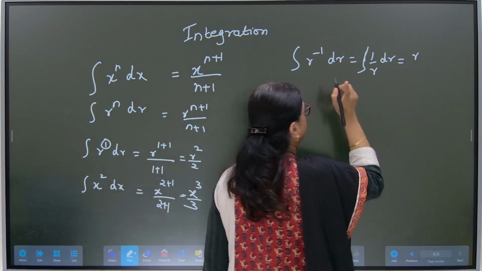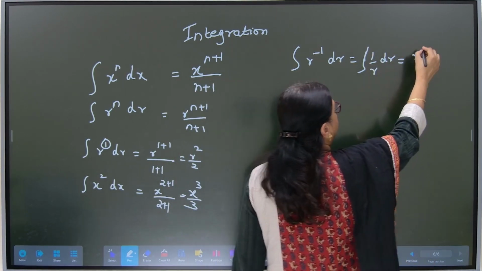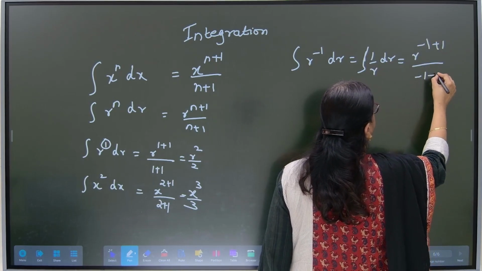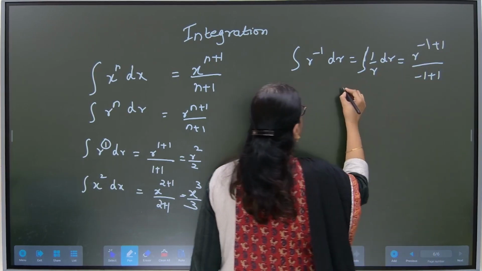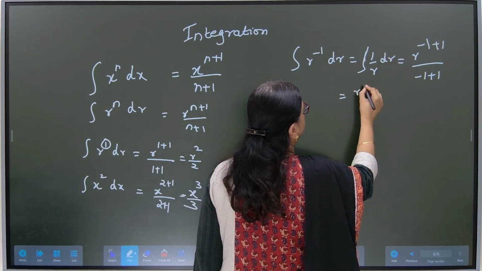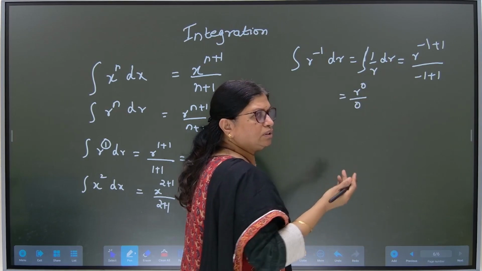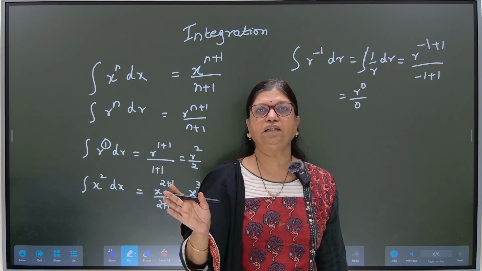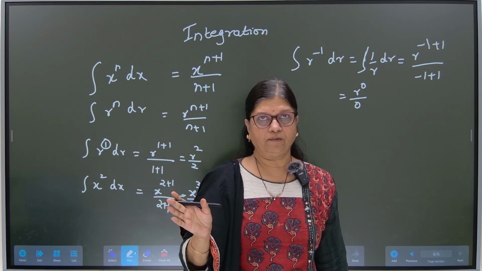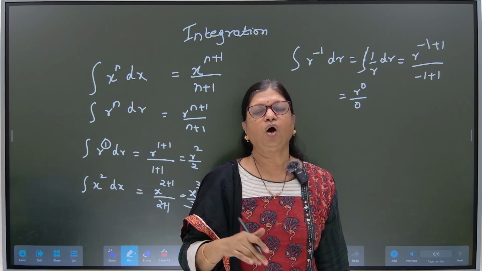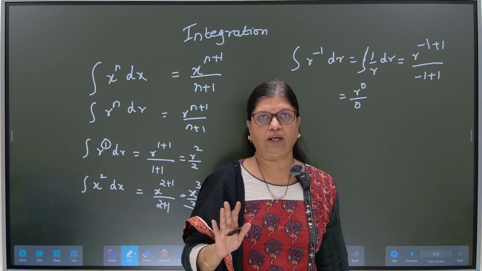Write the variable, the variable is r, then power plus 1 upon power plus 1. So what is my answer in this case? r raised to 0 upon 0. You can even say it is undefined.